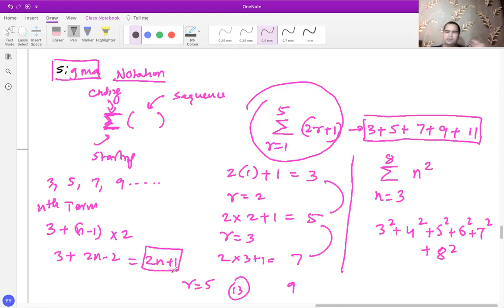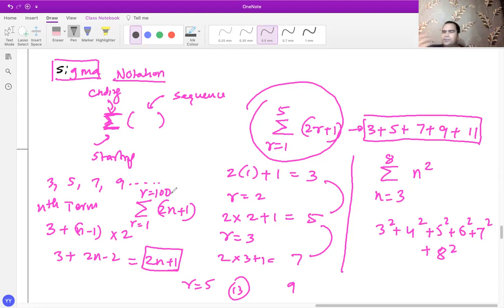Now, when writing the sum, let's say they ask for the sum of the first 100 terms. It will be written as sigma of 2n plus 1. You can take 2r plus 1 also, it's okay, from r equals 1 to 100. That's how you work backwards.